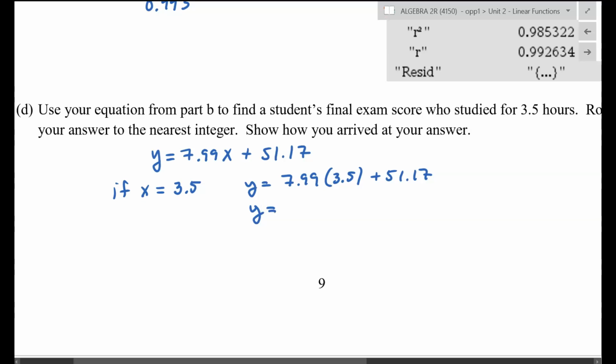I'm just plugging in that piece of data, and what am I getting? This says answer to the nearest integer, so I have to round. Nearest integer means whole number, so 79.